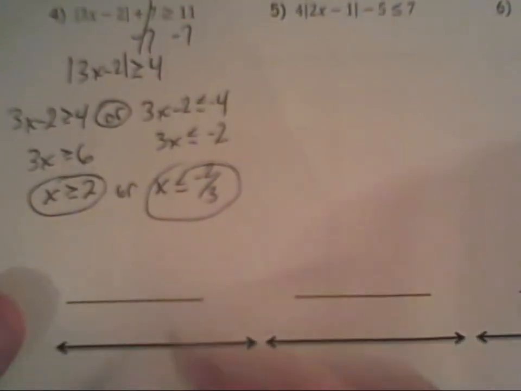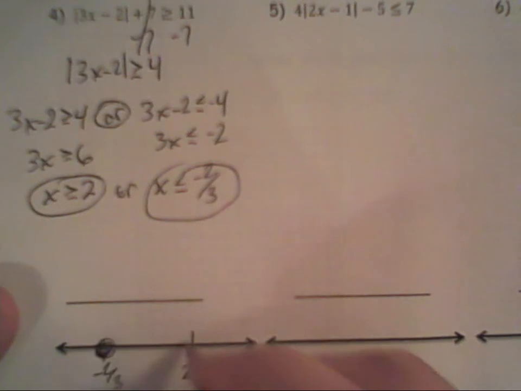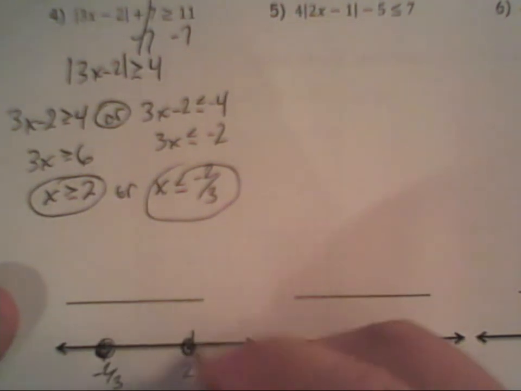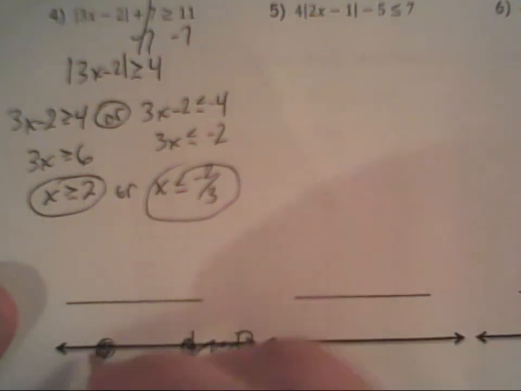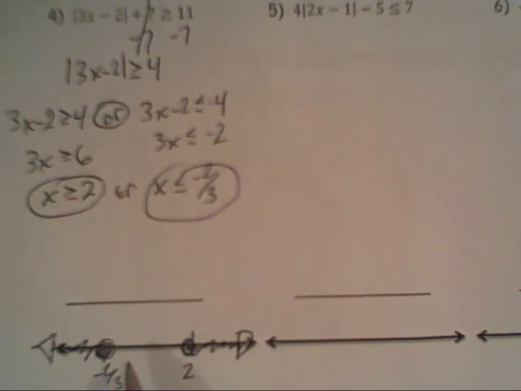So this is my solution, but then to graph my solution, I'd have a point at 2 and a point at -2/3. Both are going to be closed circles. It's greater than or equal to 2, and it's less than or equal to -2/3. So it would be a graph that looks something like this.